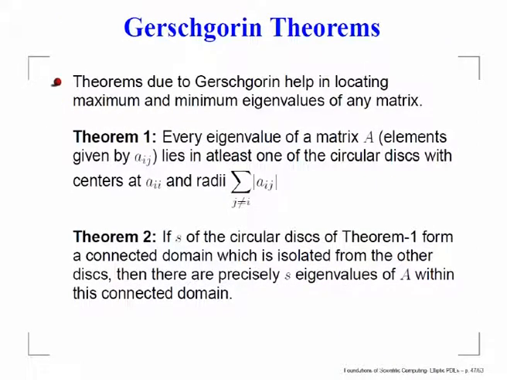And we did talk about a theorem which happens to be a very handy tool in finding out the maximum and minimum of eigenvalues of any matrix, and that is due to Gershgorin.